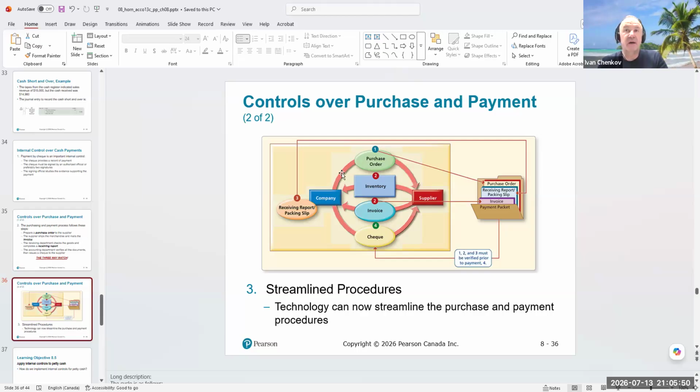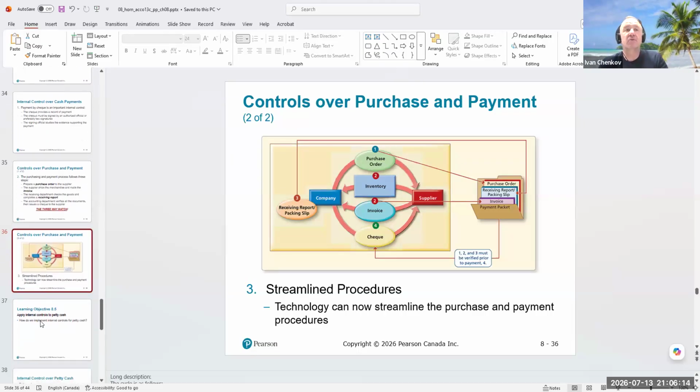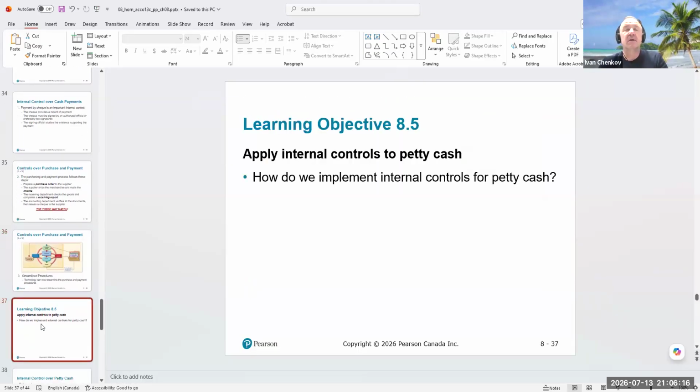Once the company verifies that the purchase order matches the inventory received and the invoice received, the company issues a check directly to the supplier. Obviously, we can use technology to streamline the purchasing and payment procedures. The system verifies all the documents and tells us if there is a mistake or not.